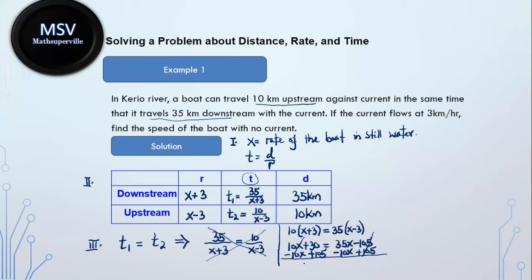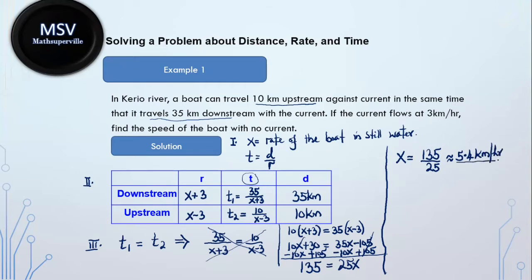So that gives us 135 is equal to 25x. Therefore, x is equal to 135 divided by 25. And that is approximately 5.4 kilometers per hour.